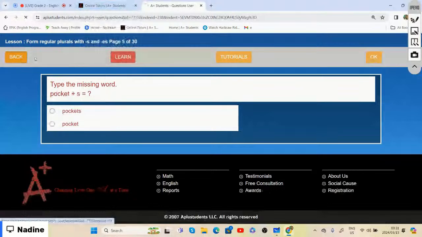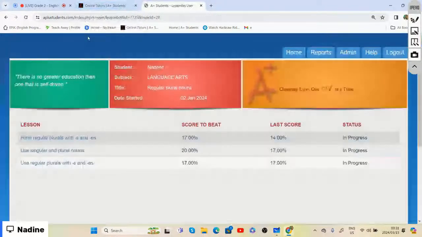So we said we have singular words and we have plural nouns. Singular refers to only one person, one animal, one place, or one thing. That is singular. Then we have plural nouns.